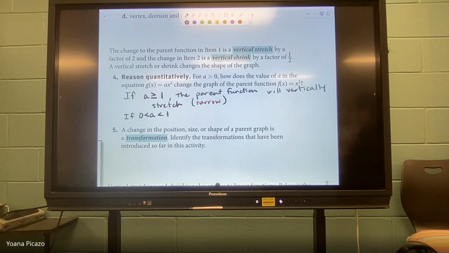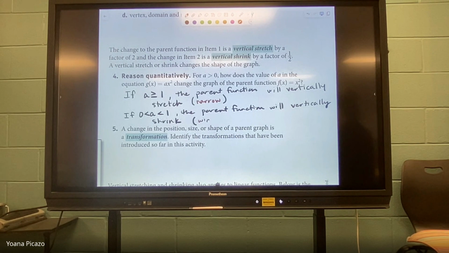So if it's a fraction between 0 and 1, any fraction, meaning any decimal value between 0 and 1, the parent function will vertically shrink. So let's go ahead and say it gets wider.